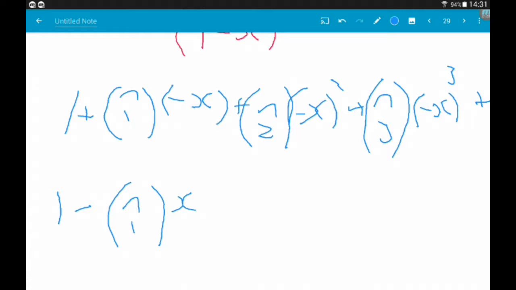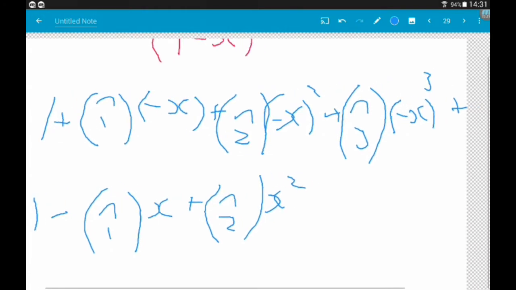And then in our next term, we've got minus x all squared. So that's going to give us positive. So this time, we've got plus n choose 2 x squared.